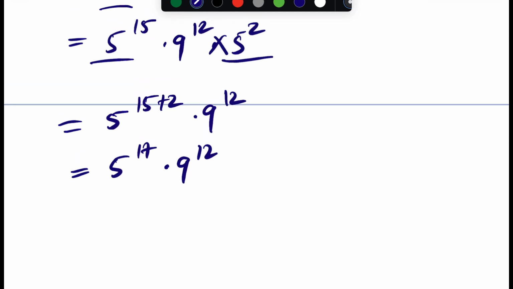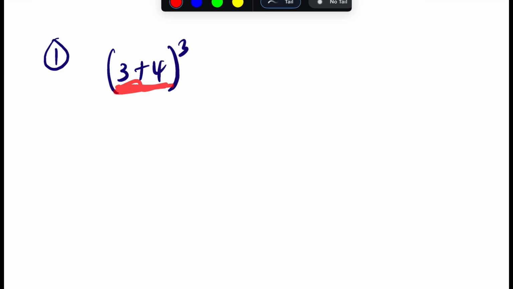And let's look at now when we have something like this, let's say it's number 1. Let's say we have 3 plus 4 all to the power 3. When you do that, guys, this is not any of the laws of exponents. You need to fix this before. You cannot do this. This is not law 4.